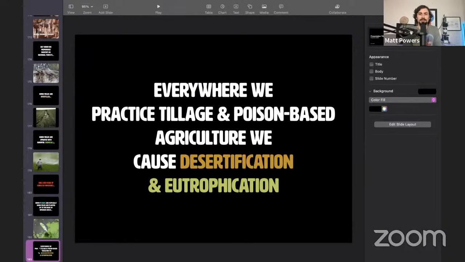There's all the other pollutants that are released by all of the burning and all of the processing and all of the accidents. There's that whole side of it too, which they're also ignoring in favor of CO2. So everywhere we practice this, we cause desertification and eutrophication.